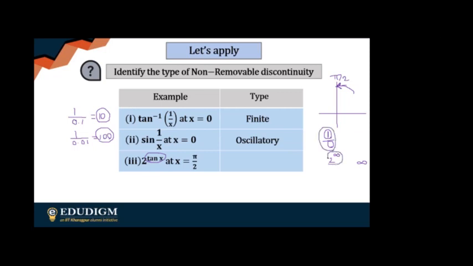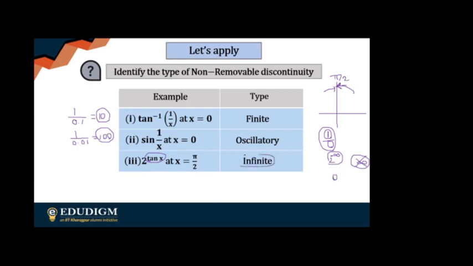So 2 to the power infinity is, again, basically an infinite type of discontinuity. If you just go for pi by 2 minus, you will see that this will be a very large number. So that is why this is 0. Okay.